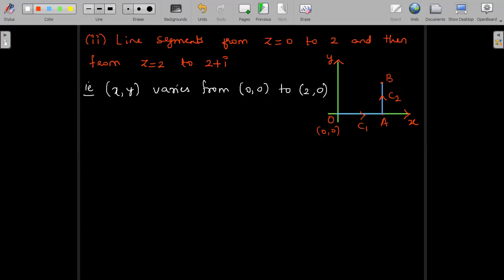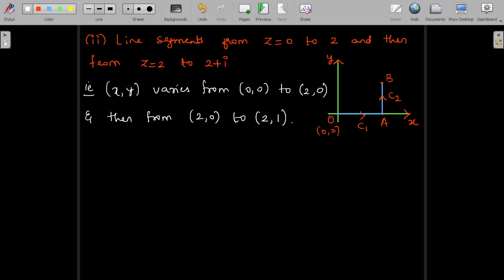And then from z is equal to 2, from 2, 0 to 2, 1. Z is equal to 2 means 2, 0 again to 2 plus i. Comparing 2 plus i with x plus iy, x is 2, y is 1. So what are these coordinates in the figure?